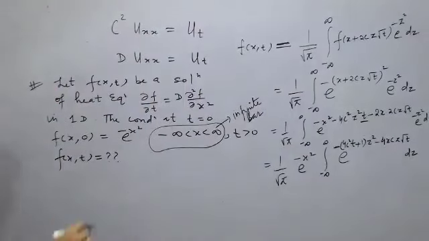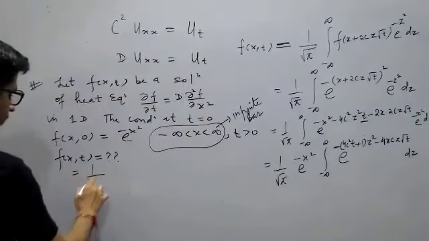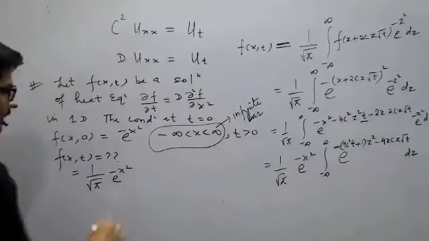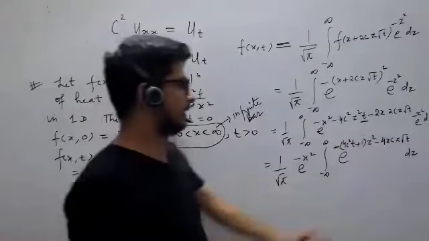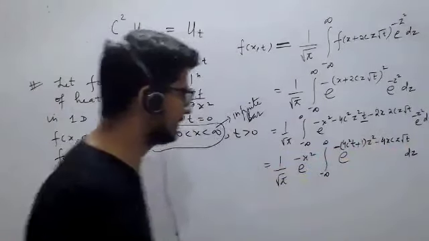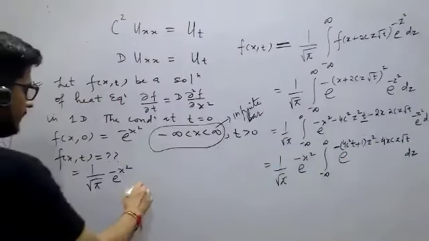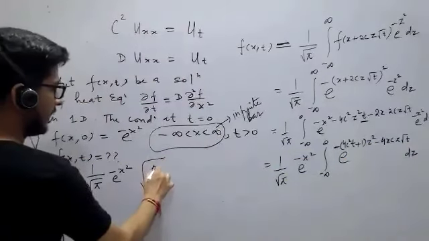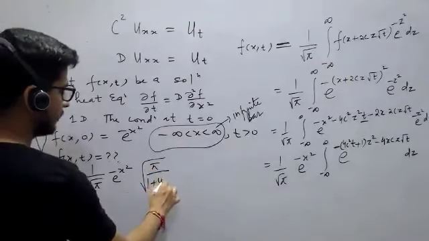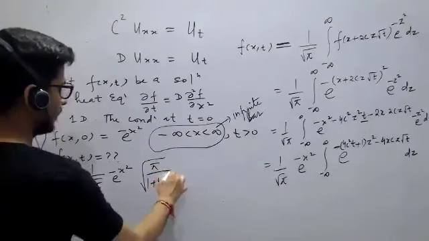Common taken. So it will become 1 by under root pi, e to the power minus x square, and this you know is minus a z square plus bz. Correct? So it will become under root pi by a, which is 1 plus 4c square t.